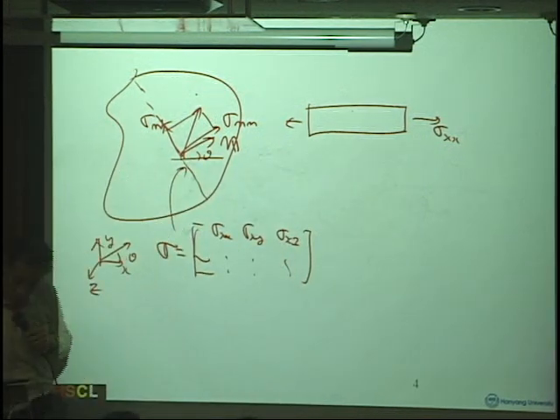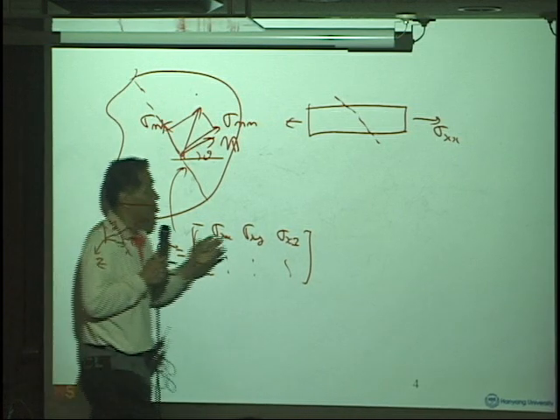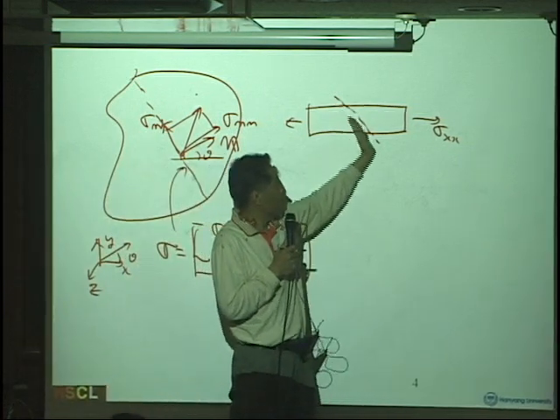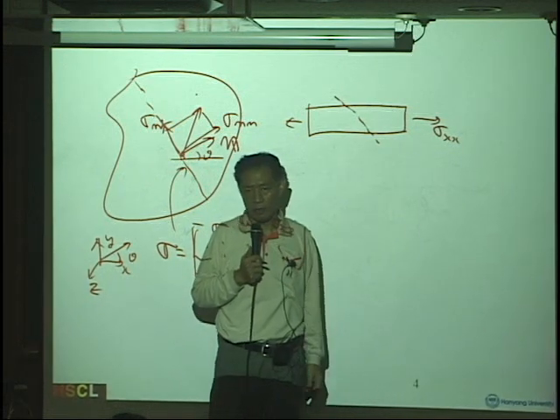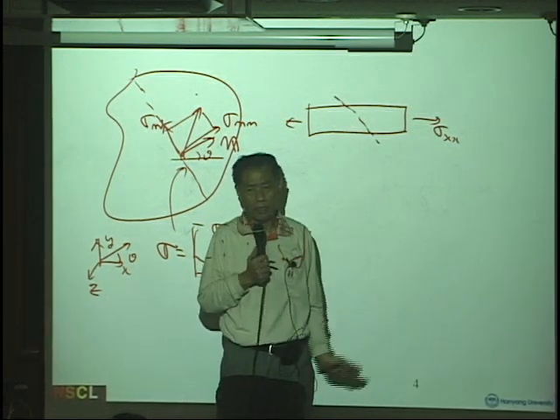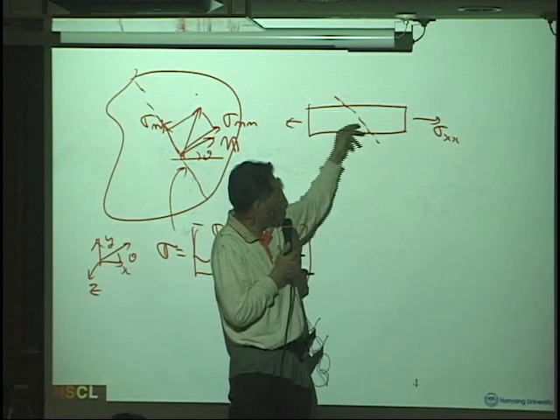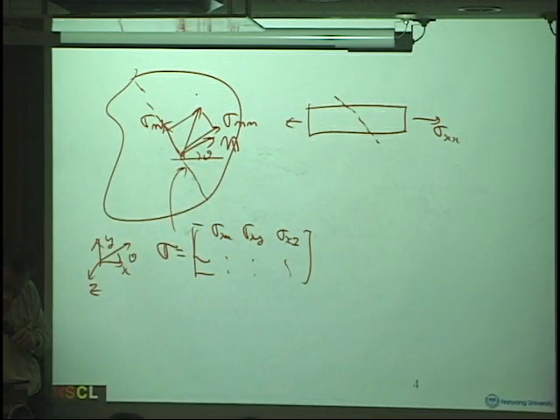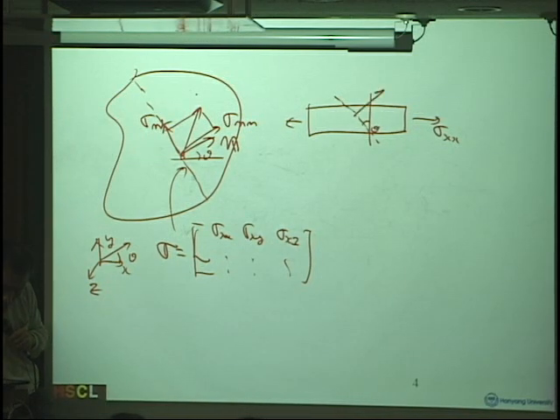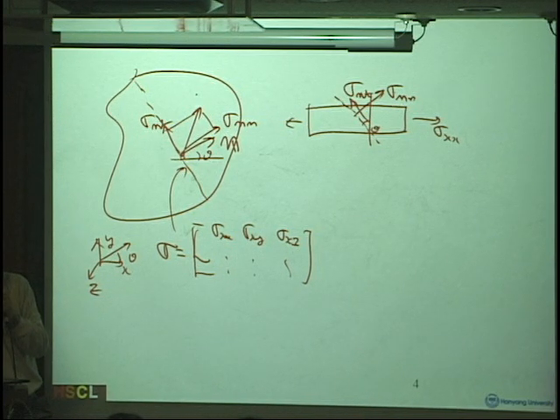And the question is that what if we have a certain plane? We have this kind of cutting plane, and what kind of stress component we will have on this plane, which has a certain angle with this x. So this will be theta, and that is the sigma nn, and this will be the sigma nt, right?